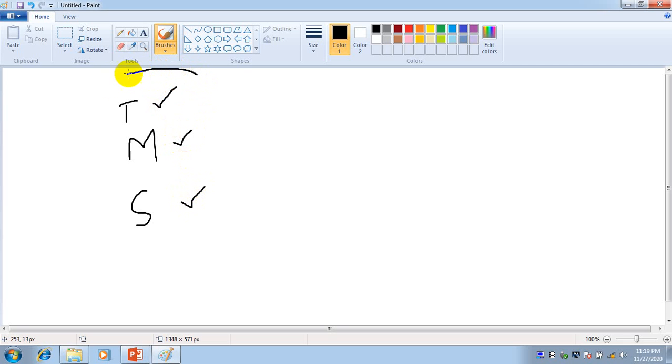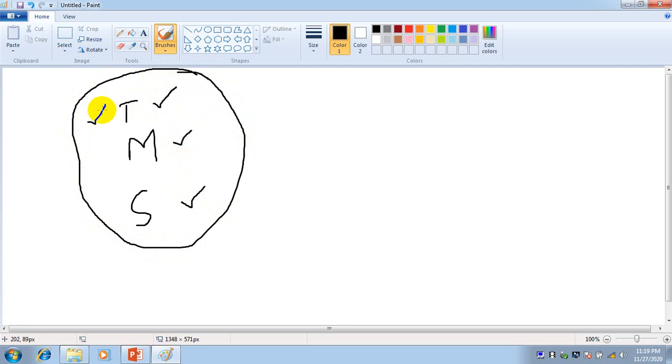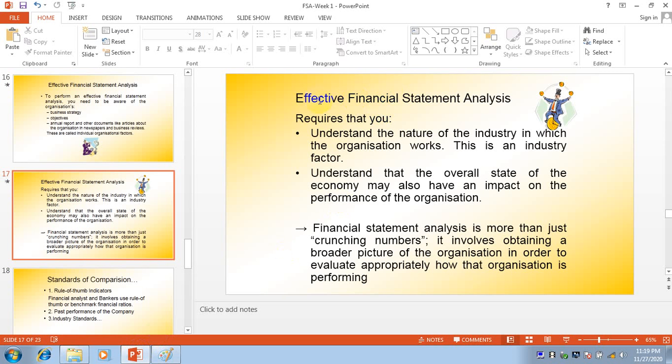In which type of industry is your firm engaged? It is the trading industry, the manufacturing industry, or the services industry. So which type of business is this? It is important for effective financial statement analysis.